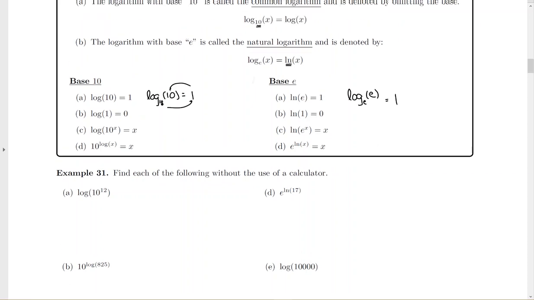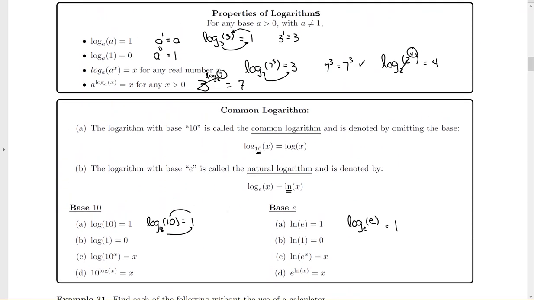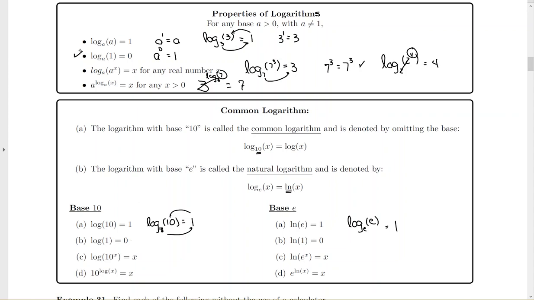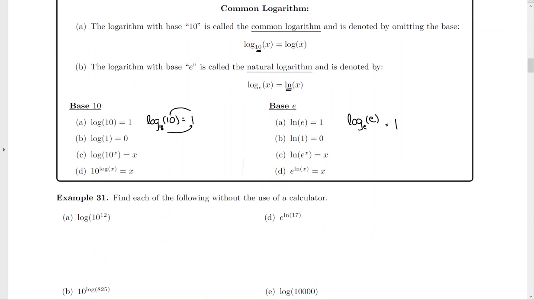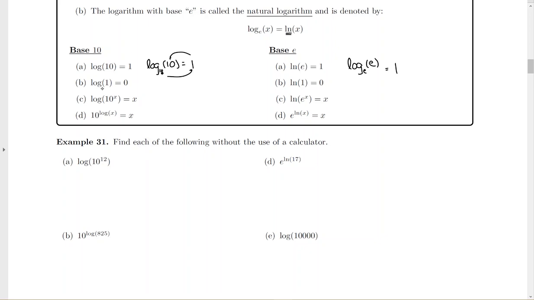All right, that goes back to this property up here. Log base a of a equals 1. That's what these two are saying here. So log base 10 of 1 equals 0 is following along with this property right here. It's just that if it's not shown, you can squeeze in a little baby 10 here to remind yourself that that's base 10. Here's another base 10 if it's not written in.